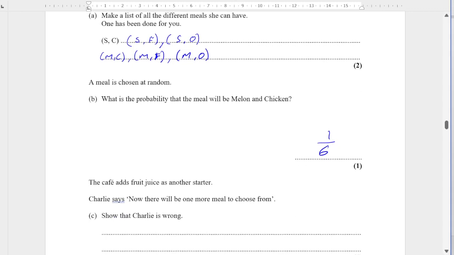The cafe adds fruit juice as another starter. Charlie says now there will be 1 more meal to choose from. Show that Charlie is wrong. So now we would have fruit juice.